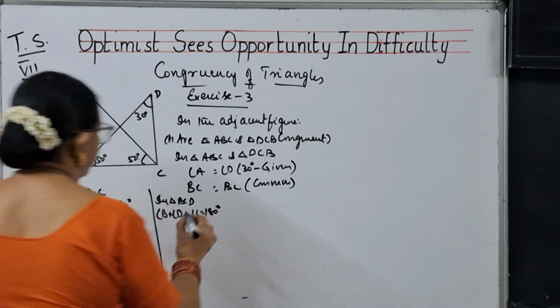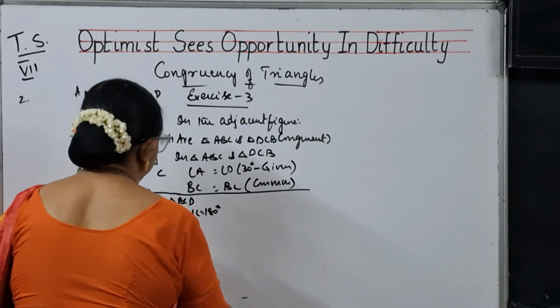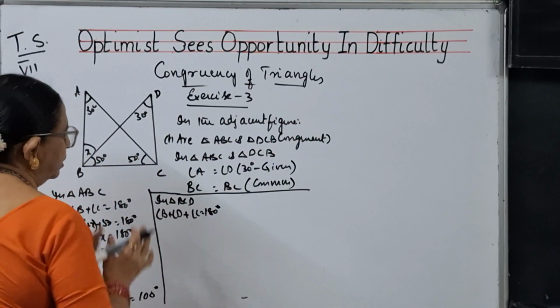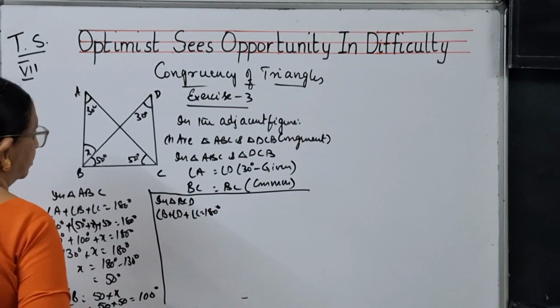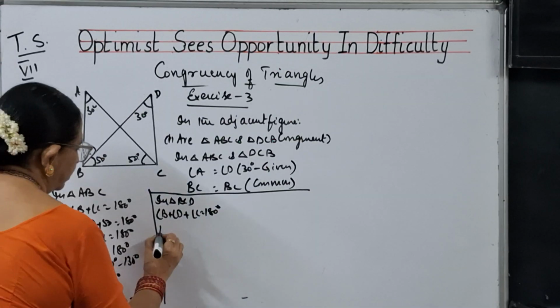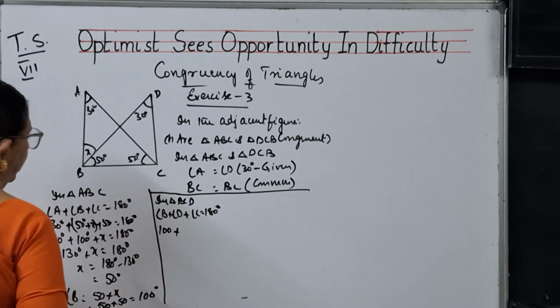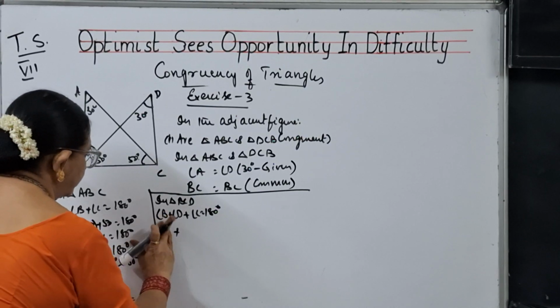Let me draw a line here so that I can continue in the next. This is because we need another angle or side. So for that I am calculating here children. Angle B is how much we have got? 100. Sorry, in this triangle angle B is not 100 children.